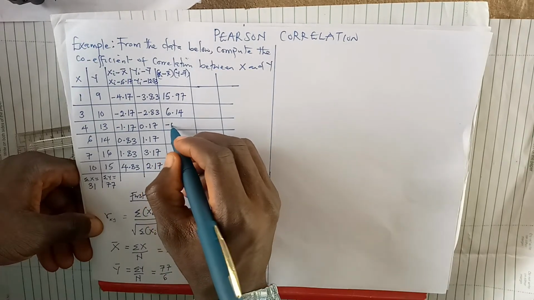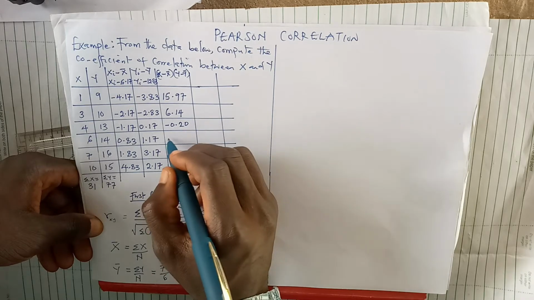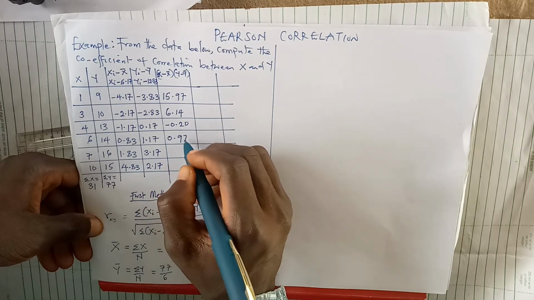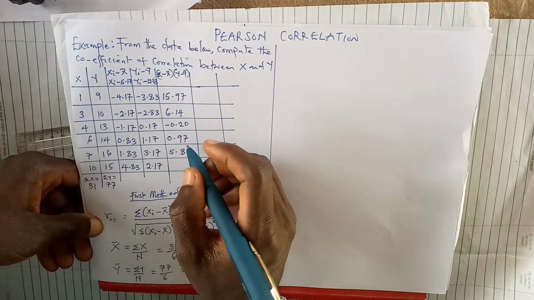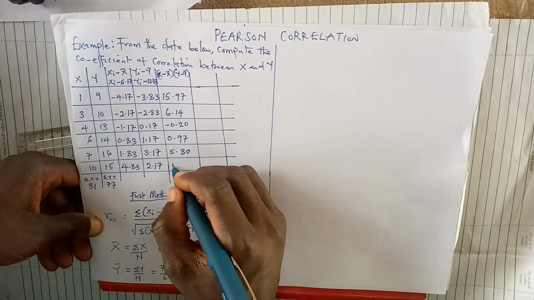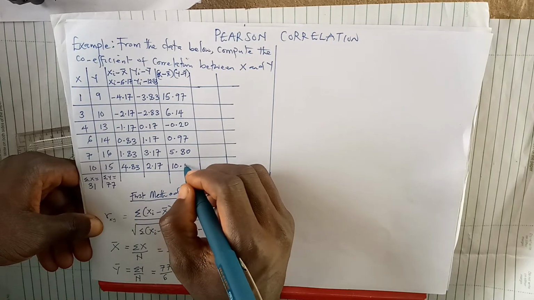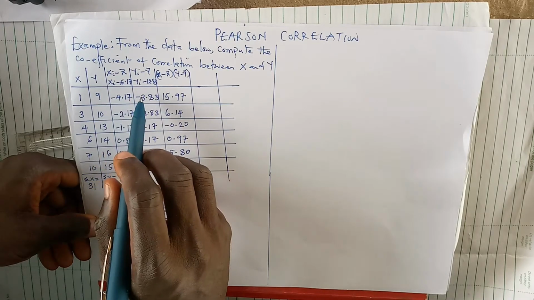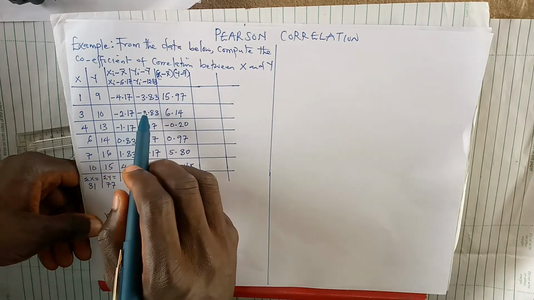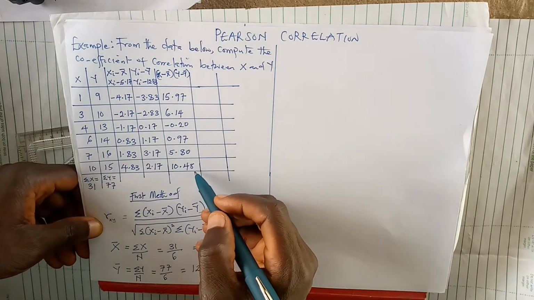Here we're going to have minus 0.20, 0.97, 5.80, approximated to 2 decimal places, and that one is 10.48. So this box multiplied by this box gives us this, and that's how we'll do the last part here.